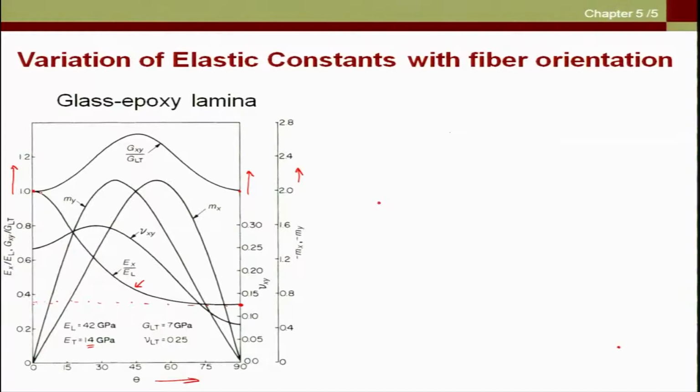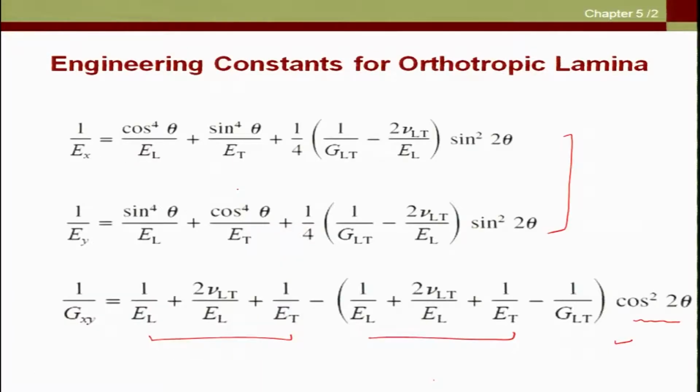The same thing is true when theta equals 90 degrees. So, at theta equals 0 and 90 degrees, Gxy and GLT are identical, which is consistent with our relation shown here, that when theta equals 0, these terms involving EL and ET cancel out, and only GLT is left, and the same is true for theta equals 90 degrees.